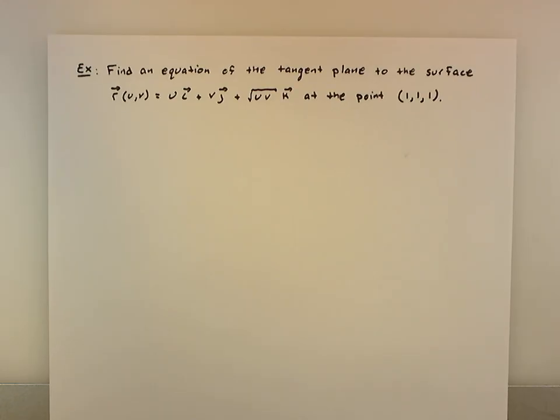So, example. Find an equation of the tangent plane to the surface r of u, v equals u i plus v j plus square root of uv k at the point 1, 1, 1.